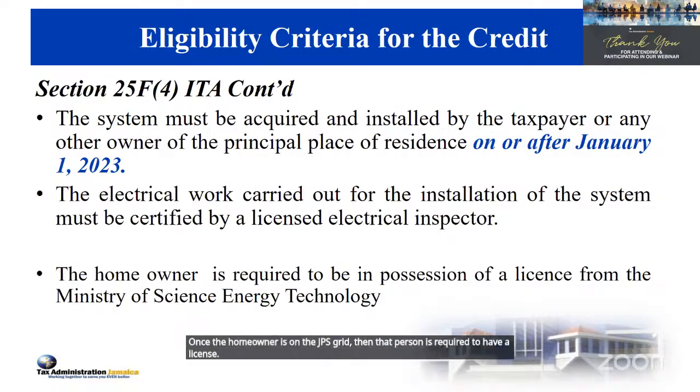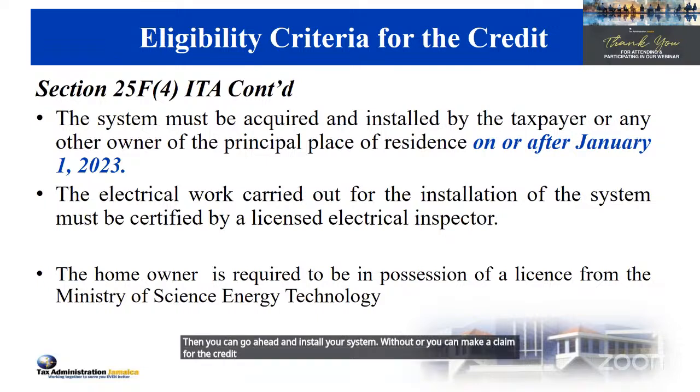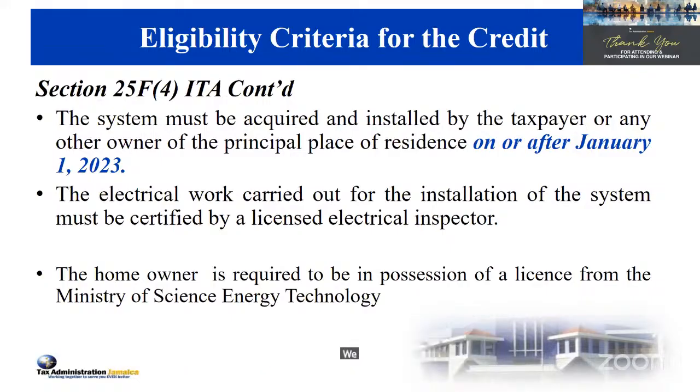If it is a person who was not on the grid or is not on the grid, then you can go ahead and install your system, or you can make a claim for the credit without a license. But once you're on the JPS grid, which I think represents most of us, we have to have this license from the Ministry of Science, Energy, and Technology.